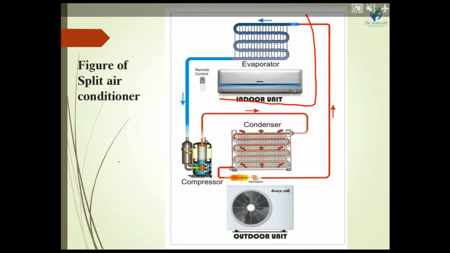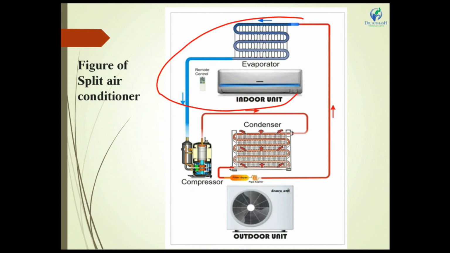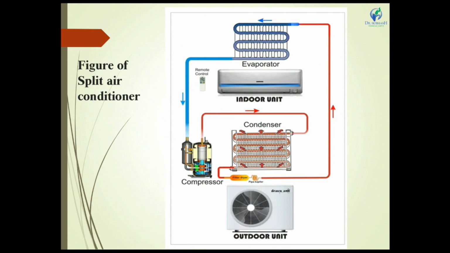The indoor unit has two components, the evaporator and expansion valve, and the outdoor unit has two components, the compressor and condenser. First is the compressor, the first component. Then after the compressor, the refrigerant passes through the condenser.